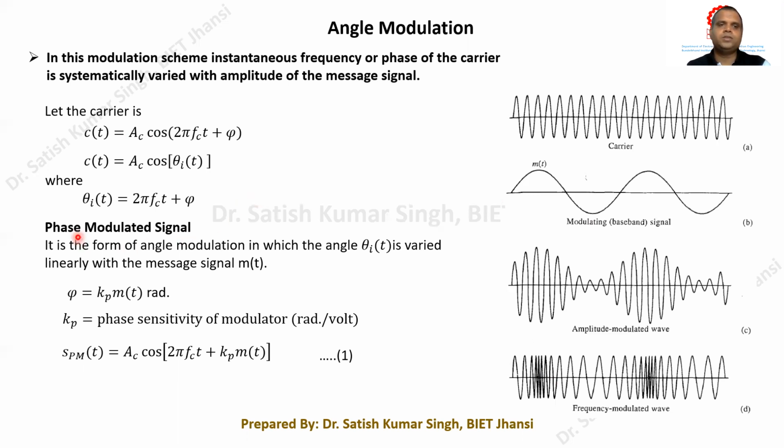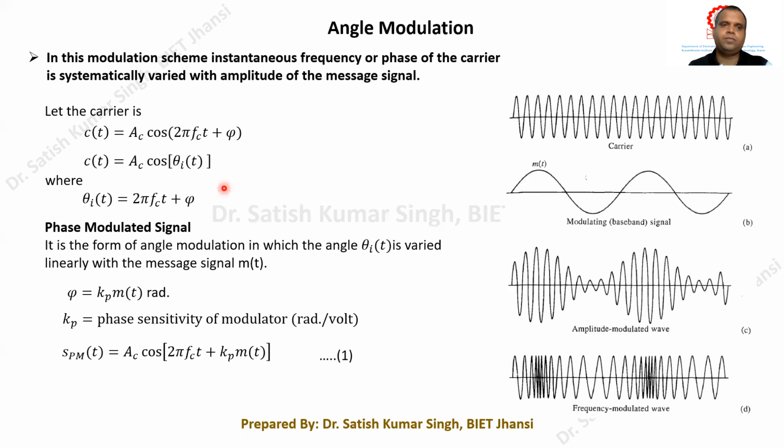What is the phase modulated signal? The phase of this signal has to be made proportional to, or varied with respect to, the magnitude of the message signal. Or we can also say that the total angle changes linearly with the message signal. Both are the same thing.